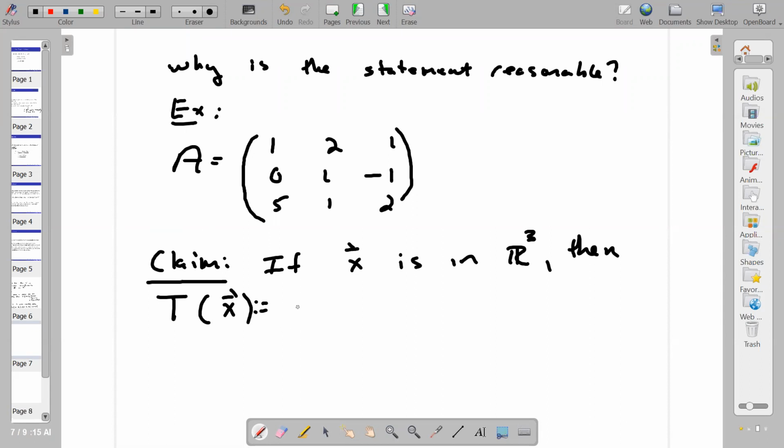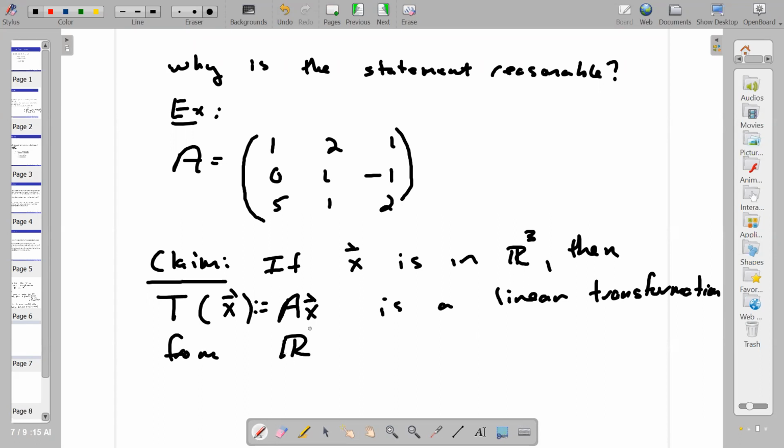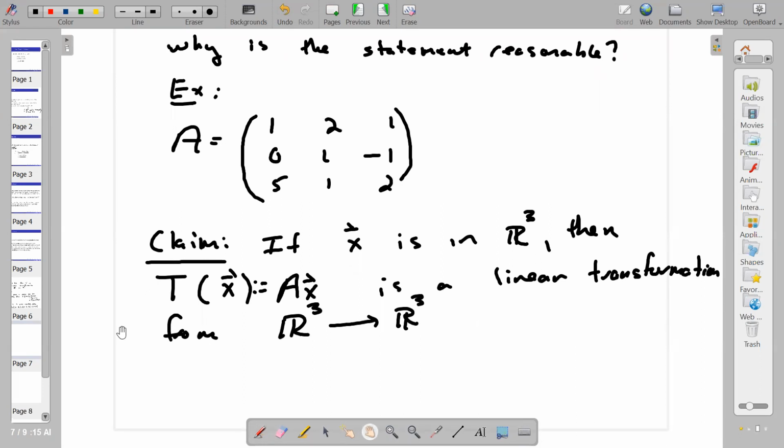It's sort of saying we're defining the function as being A multiplied by x bar. Is a linear transformation from R3 to R3.